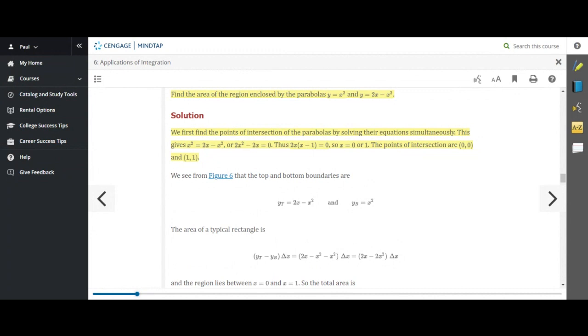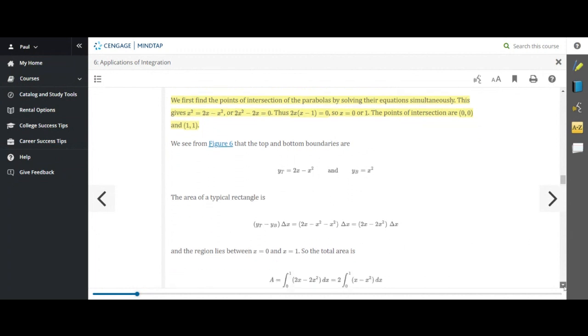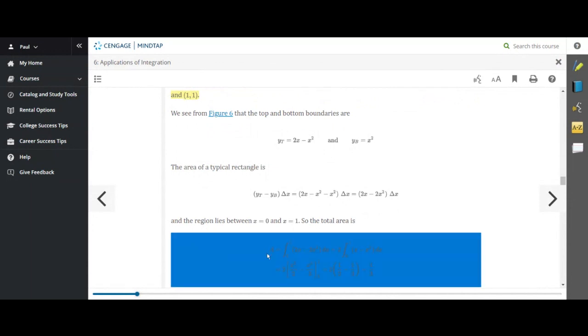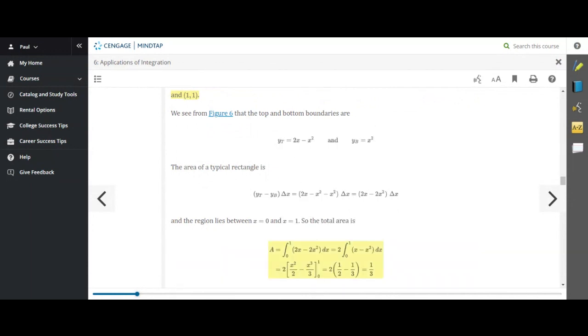And so, the total area, maybe I'll just highlight it here. This would be how you find your total area.